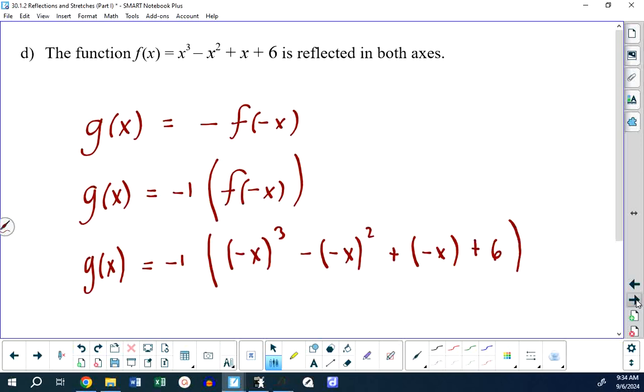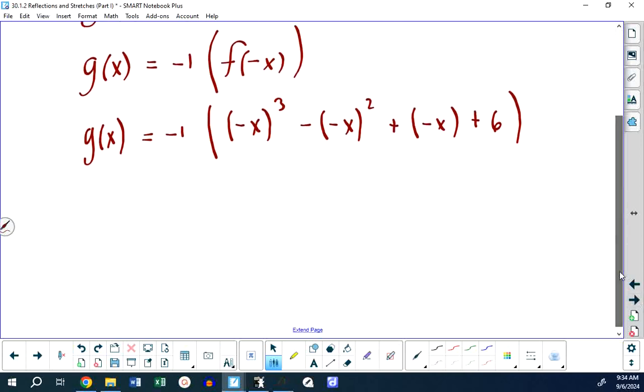And what this question is really a test of is your ability to work with negatives, because we've got negatives all over the place. Inside of the set of brackets, a negative quantity cubed is still going to give us a negative term. Right?